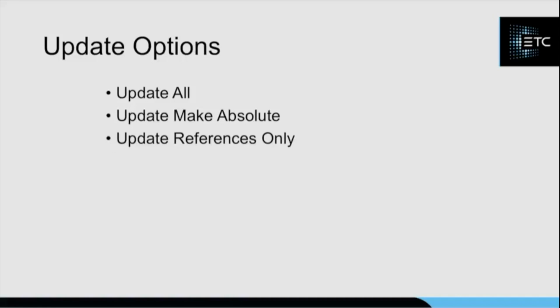It will update the data in the cue, but it will break any references. So if I had a light in focus palette 12, which is the sofa, and I change the pan and tilt values, and then hit update make absolute, I'm going to maintain my pan and tilt as set, but I will break the reference to the sofa focus palette. Again, you can always go back and fix it later. It is the safest way to do things, not necessarily the fastest way. We can come back to that if necessary.